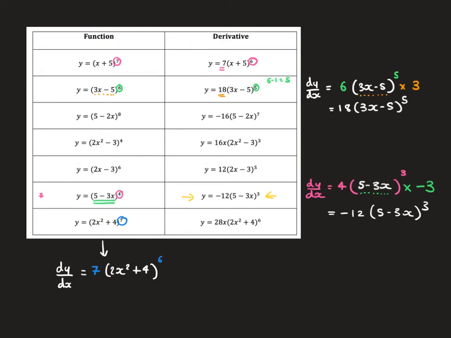But we must then multiply by the derivative of the inner function. What's the derivative of the inner function? It's 4x. So this then gives me 28x (2x squared plus 4) to the power of 6, which is the answer that we got here. So I sometimes like to call this method the quick chain rule.